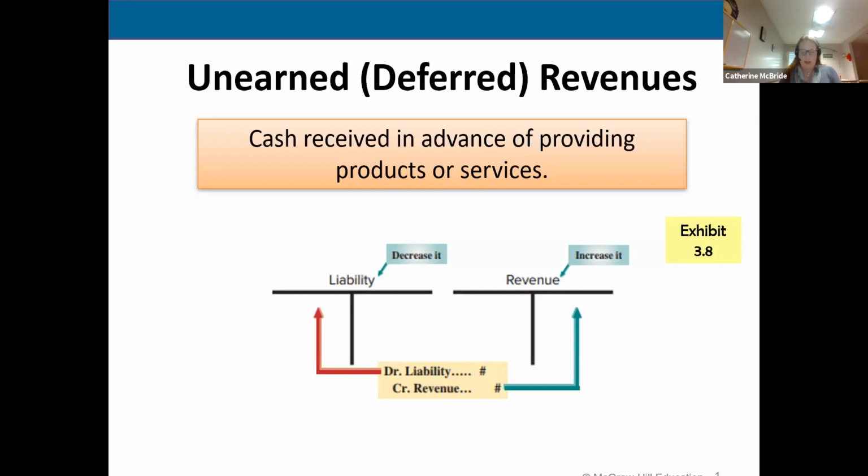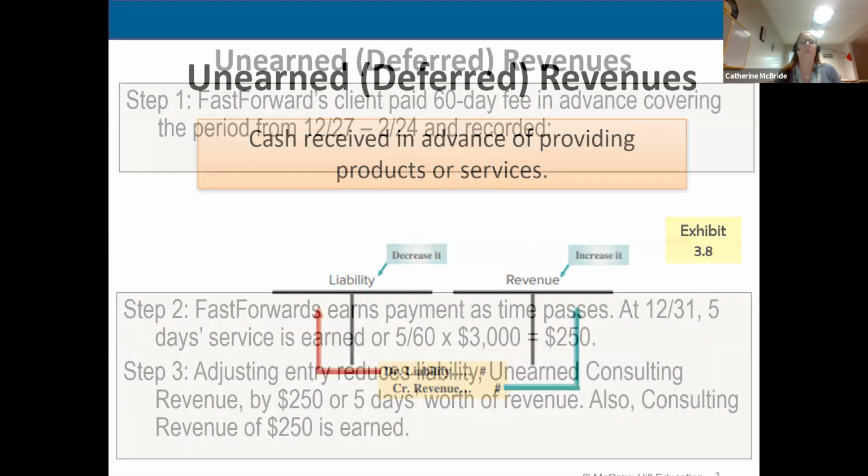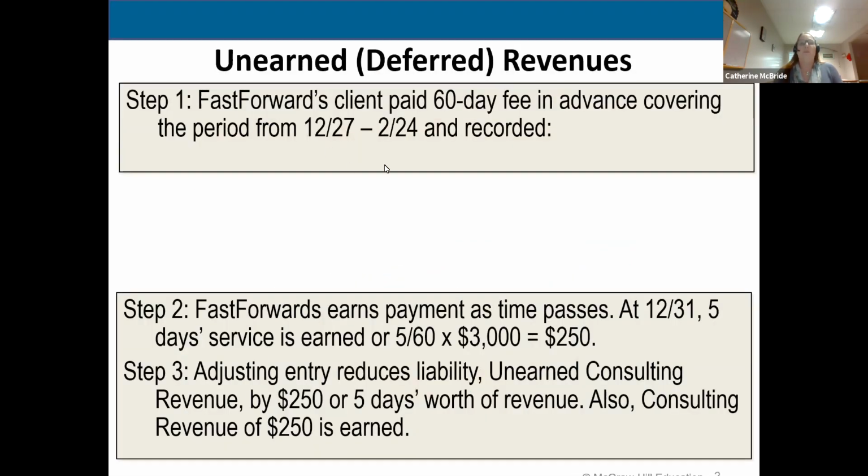So then the adjusting entries are going to be used to decrease the liability and record the revenue when we earn it. That's the adjusting entry, to decrease the liability and to record the revenue. So let's say that Fast Forward's client paid a 60-day fee in advance, covering the period 12/27 through 2/24.